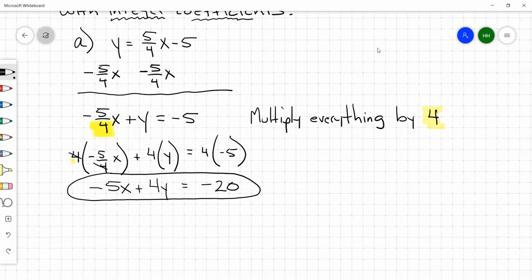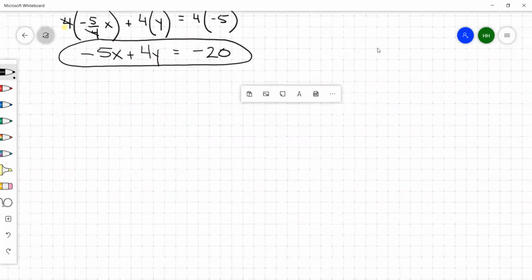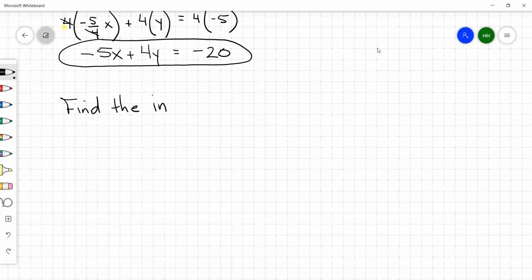Okay, the next thing we're going to do is find the intercepts and graph each line.